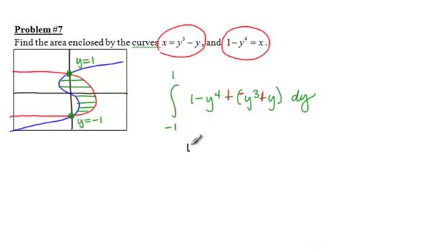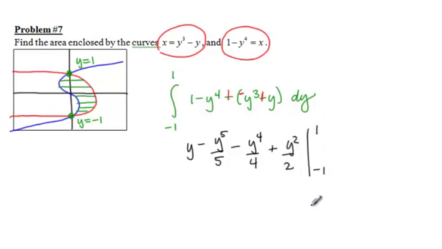When I integrate, I get y minus y to the 5th divided by 5 minus y to the 4th divided by 4 plus y squared divided by 2, and we're integrating from -1 to 1. So go ahead, evaluate that right now, see what you get, and we'll compare our answers.